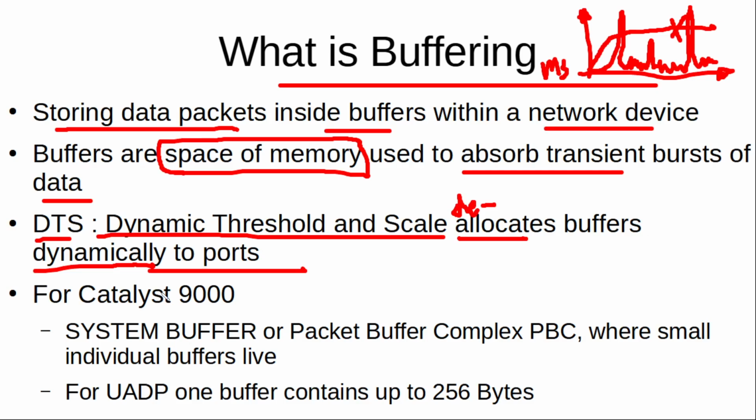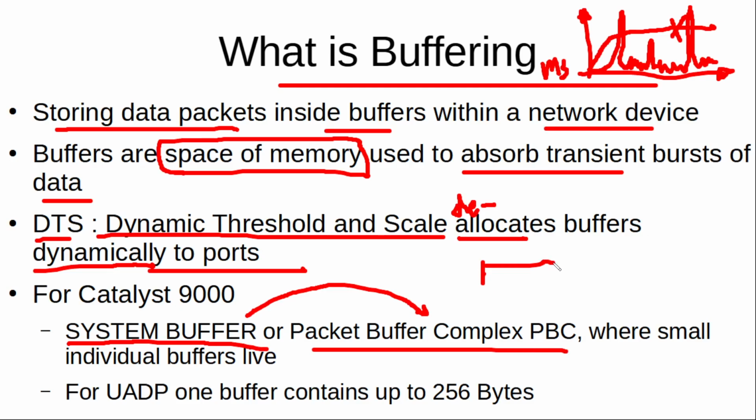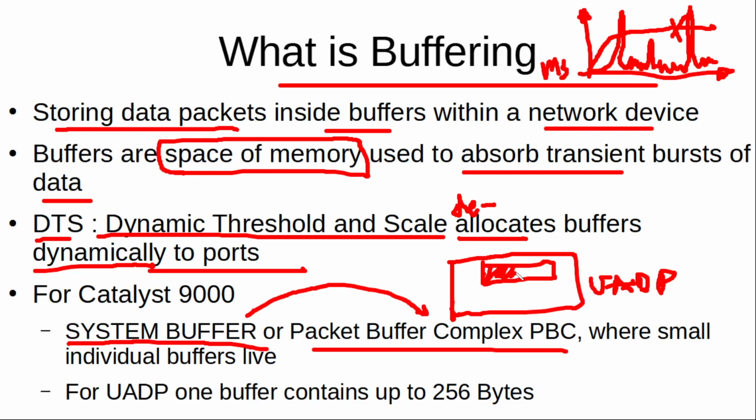When reading this Catalyst 9000 documentation, you may come across this term, which is the system buffer. This system buffer is what is known as PBC or packet buffer complex. The PBC is something that is inside the UADP chipset, and the buffers live there.